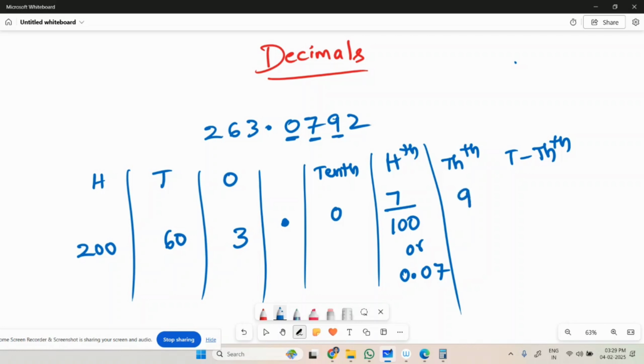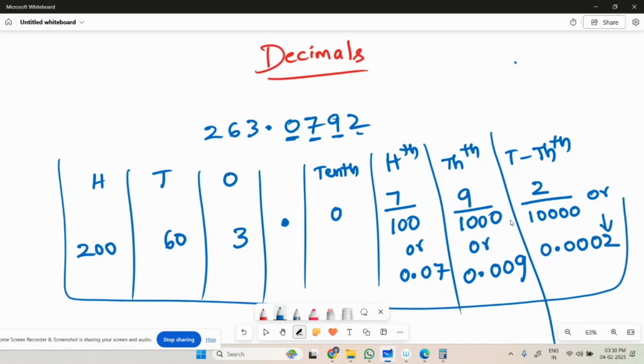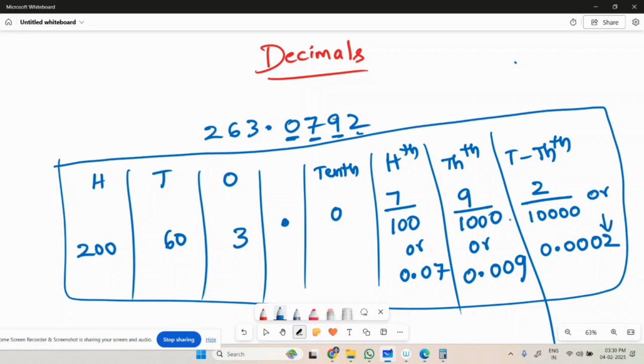So the place value of 9 is 9 upon 1000 or 0.009. 9 should be at the thousandth place. Now in the ten-thousandth place, 2 is there. So the place value of 2 is 2 upon 10,000. We can also write 0.0002. This is how we write the place values for decimal numbers.